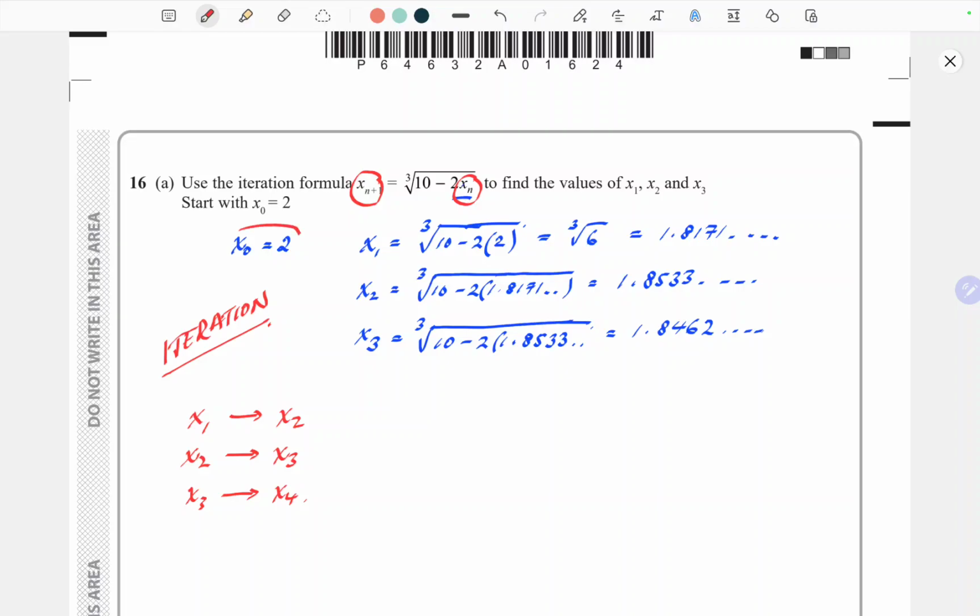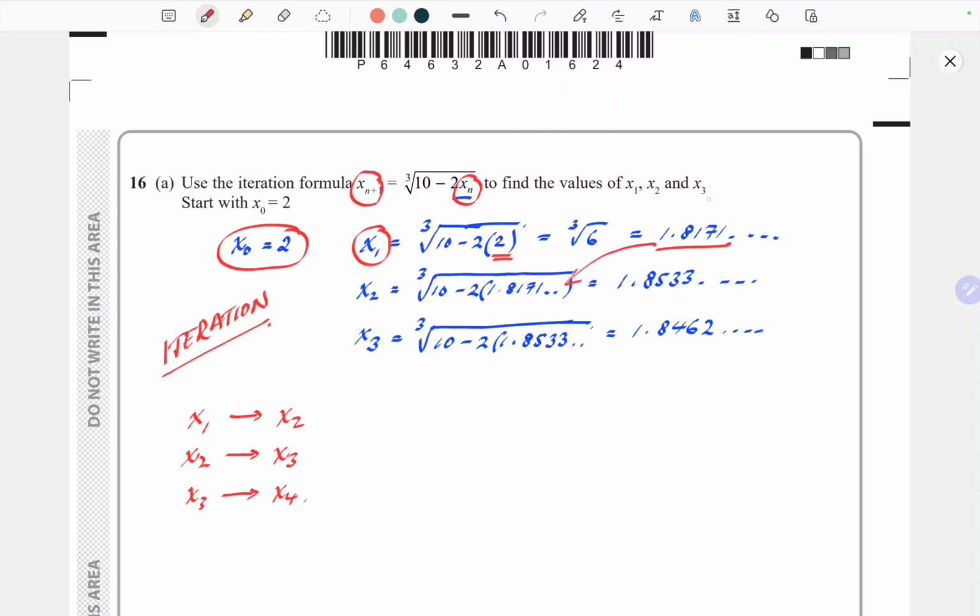So in this case, we're starting with x0 is 2, all right? So that's where x0 goes in, and that gives us x1. So 10 minus 2 times 2, 4, so 6, and it's a cube root of 6, and there you have it, 1.817, etc. All right. If you leave that in your calculator, that then goes in here.